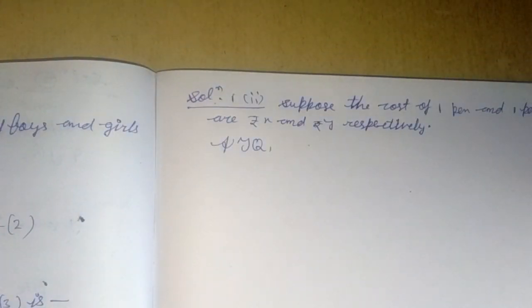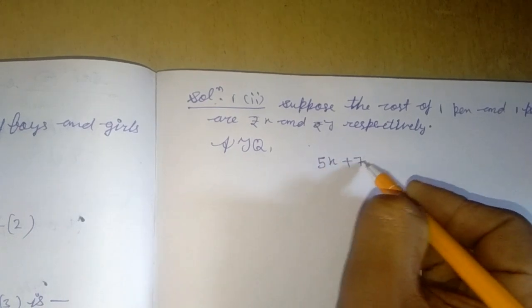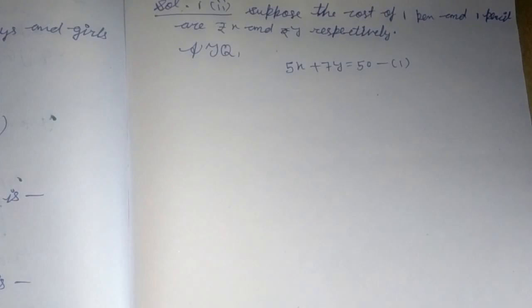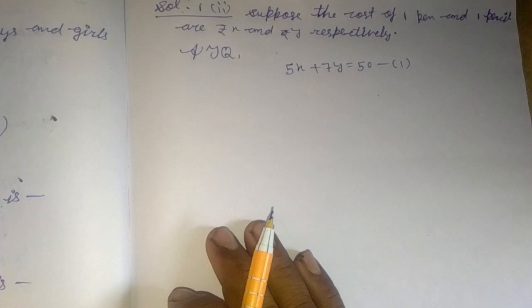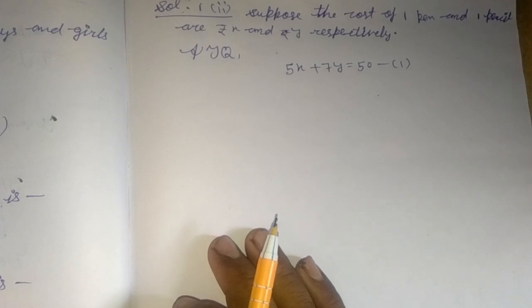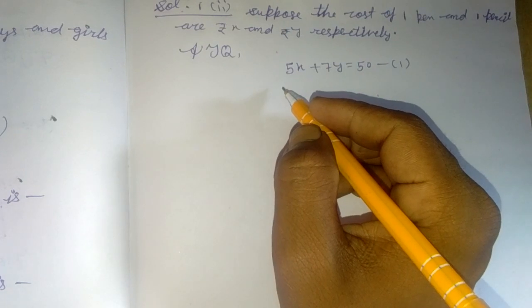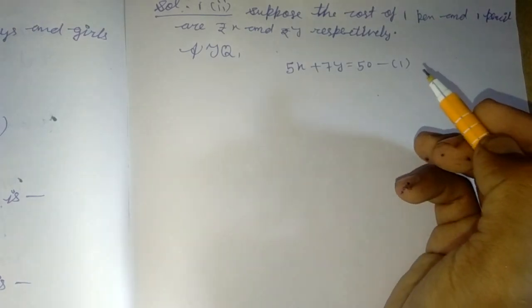our first situation is 5 pencils and 7 pens cost 50 rupees. 5x plus 7y is equal to 50. It is the first equation. Also the second equation: in the second situation 7 pencils and 5 pens.